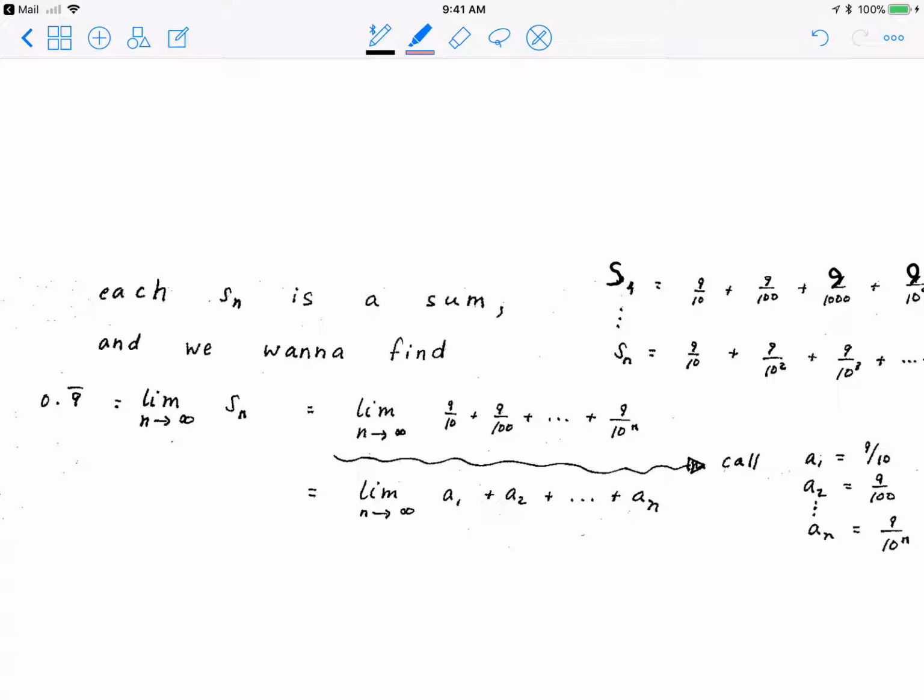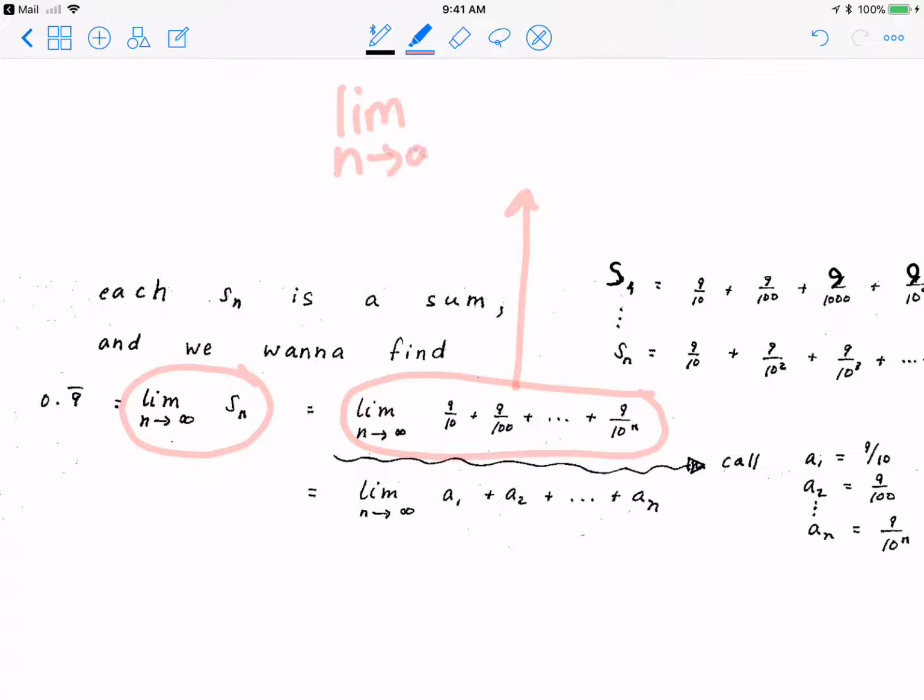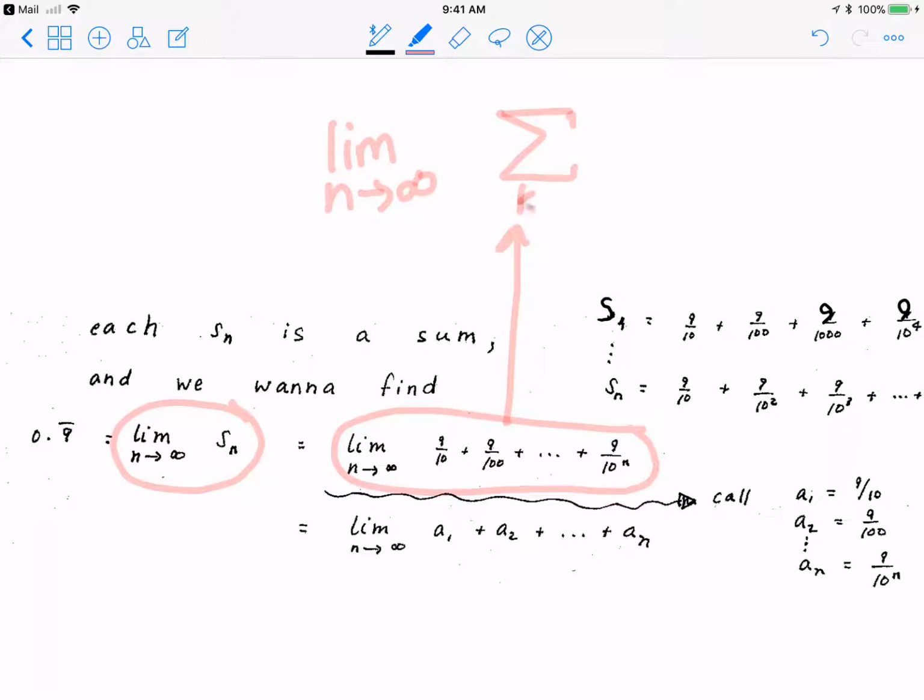This is what we want to find: the limit as n goes to infinity of Sn. And we said we could rewrite that as the limit as n goes to infinity of the sum k equals 1 to n, 9 over 10 to the k.